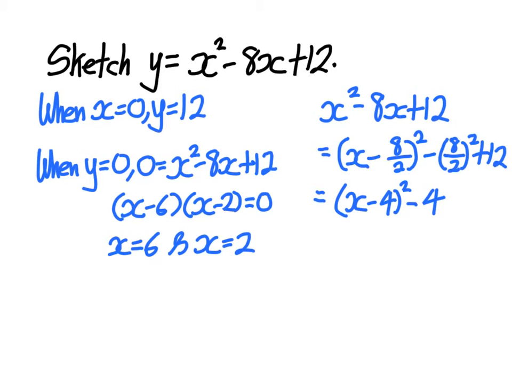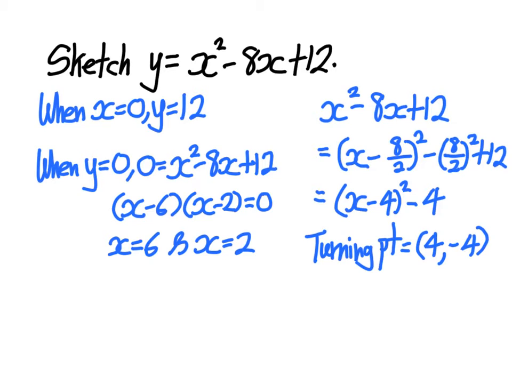So once you get the completed square form, you can actually read the turning point from there. So the turning point is equal to (4, negative 4). The first value, 4, is derived from x minus 4 equals 0, where you solve your x to be 4.